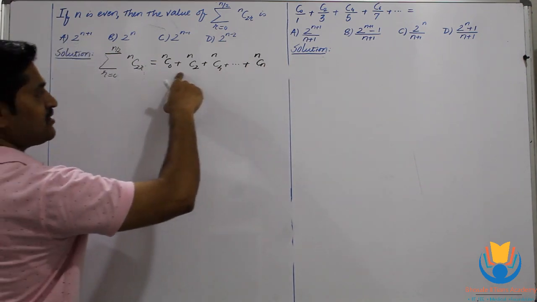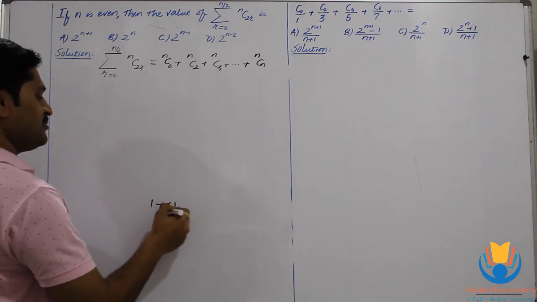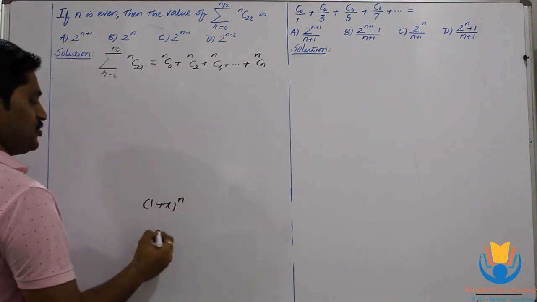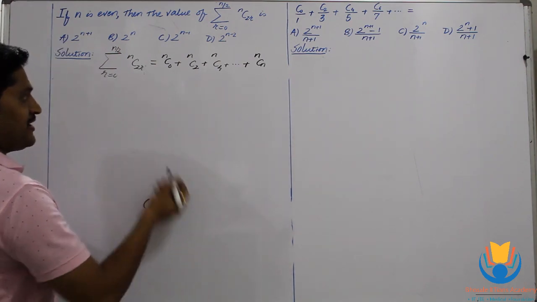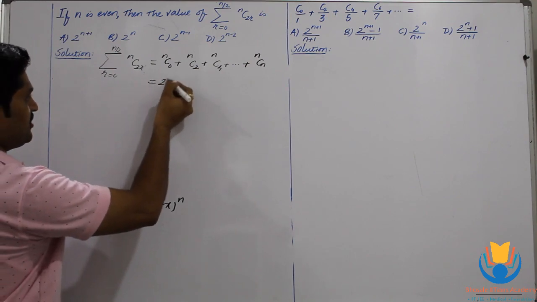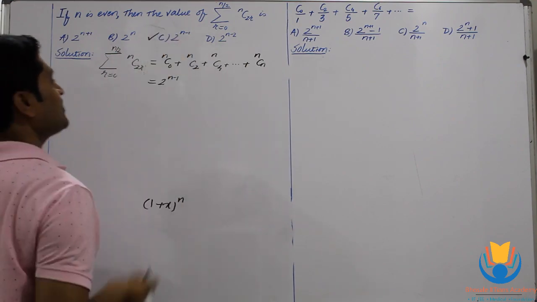As you know, these are the coefficients of the even-indexed terms in this expansion (1 + x)^n. So the sum of these coefficients in this particular expansion is given by the formula 2^(n-1). So C is the correct option.